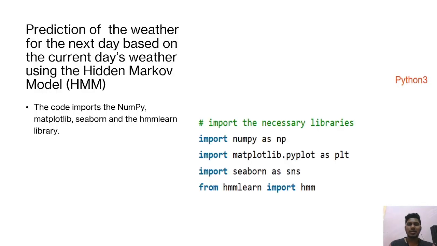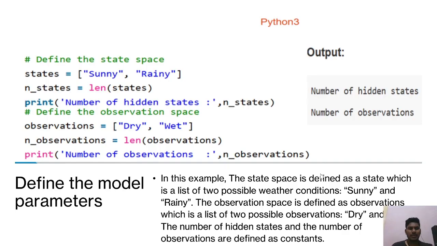So let's go through a problem and let's implement it. At first, we are defining the model parameters. In this we have two states and two observations. The first state is sunny and the next one is rainy, and when it comes to observation we have dry and wet.